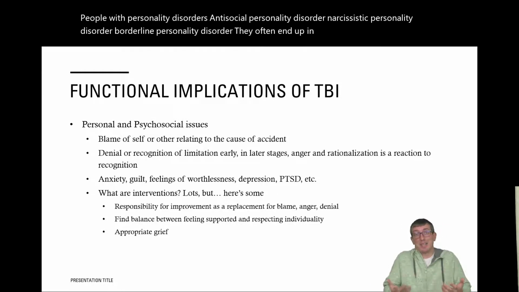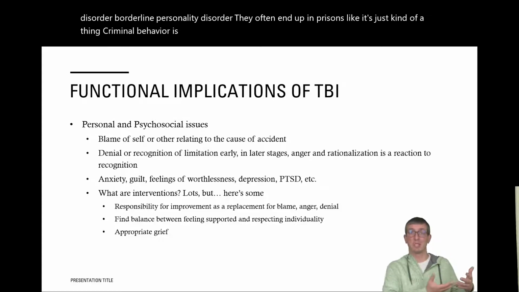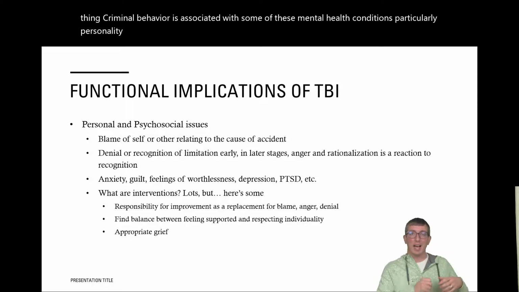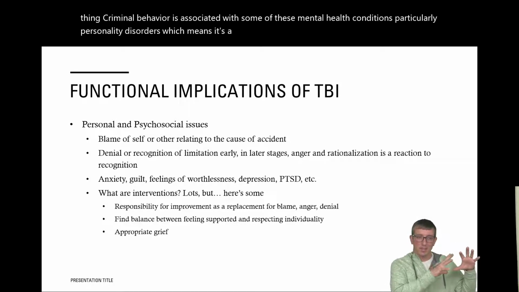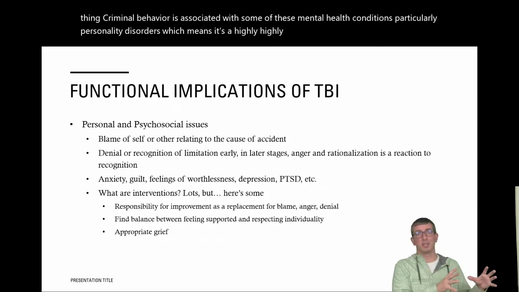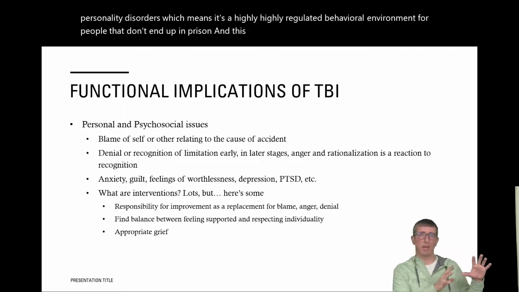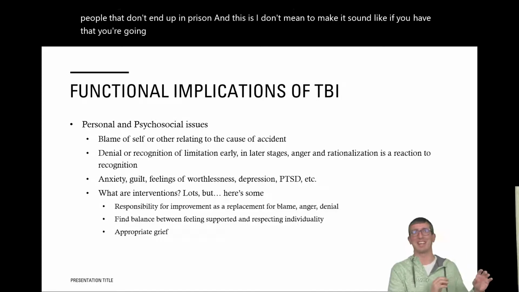That's just kind of a thing. Criminal behavior is associated with some of these mental health conditions, particularly personality disorders, which means it's a highly regulated behavioral environment. I don't mean to make it sound like if you have that, you're going to jail or something like that.